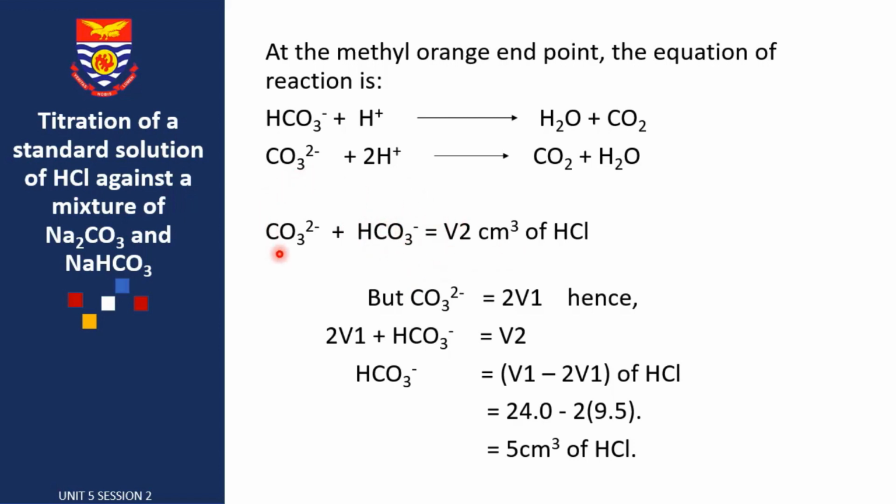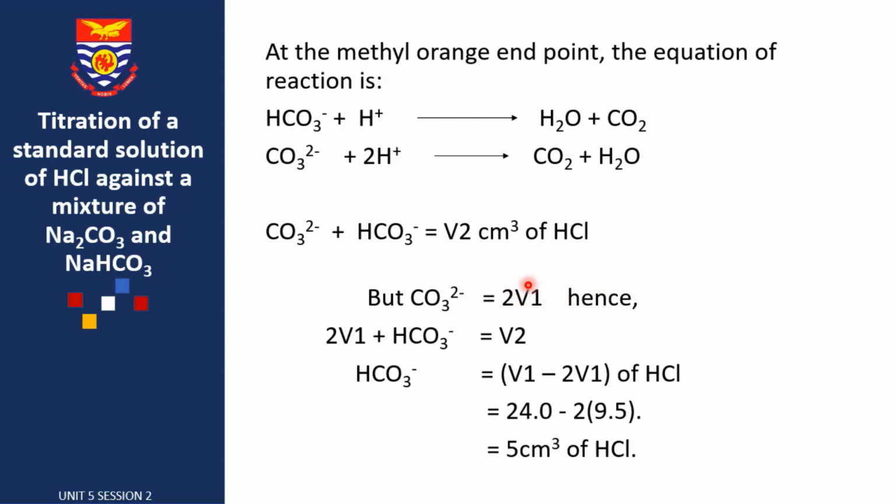Interestingly, we have already established a relation for the carbonate ion, and we established that it was 2 times the first volume of the acid, that is the volume of acid at the phenolphthalein endpoint.